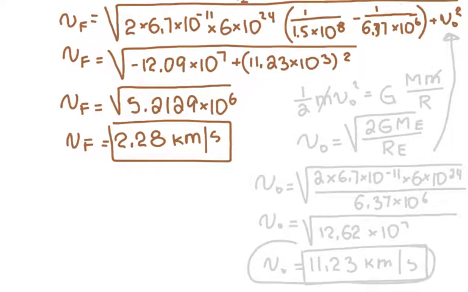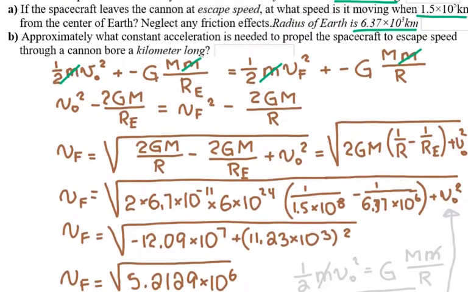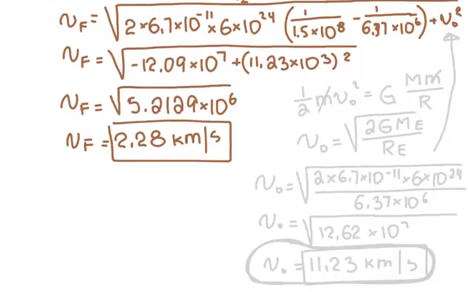So this is my escape velocity, and they ask you about the acceleration. So you have force times the distance is the work, and equals to change of the kinetic energy of the object, and it goes from 0 to the escape velocity.